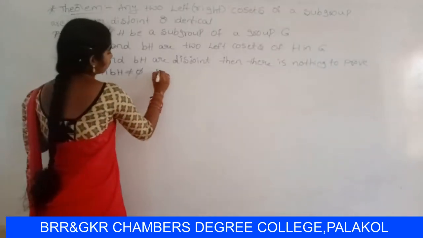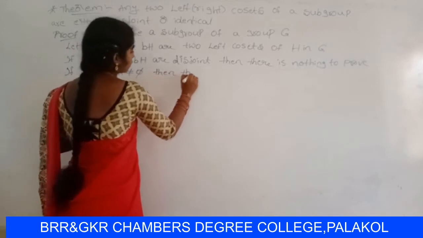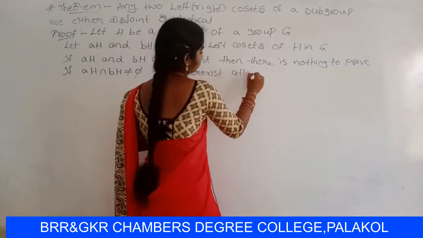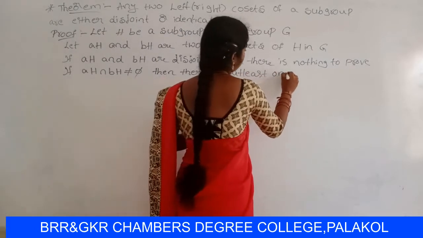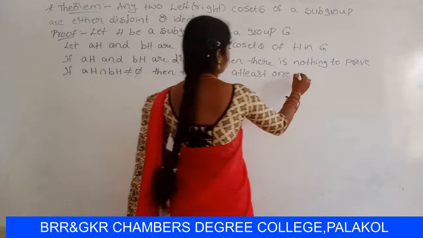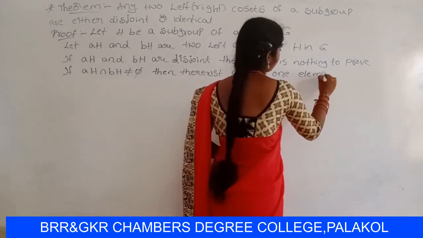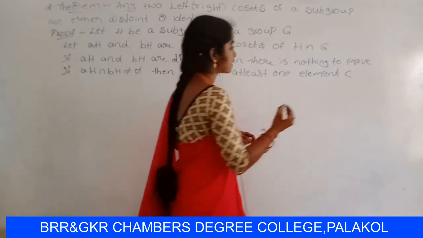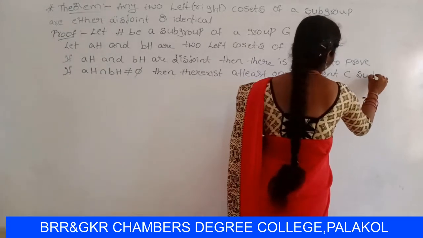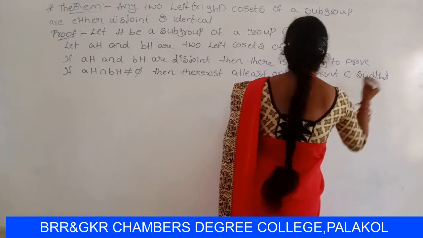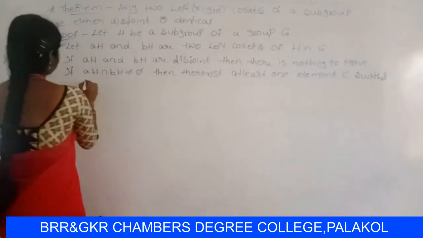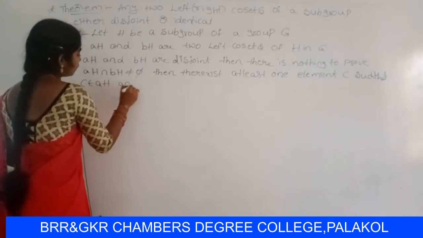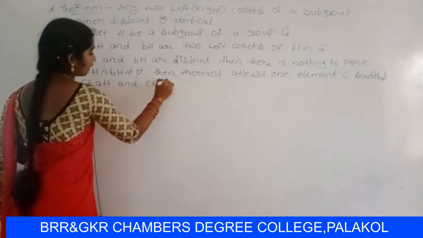Then there exists at least one element C such that C belongs to AH and C belongs to BH.